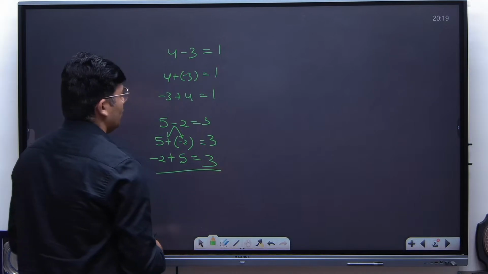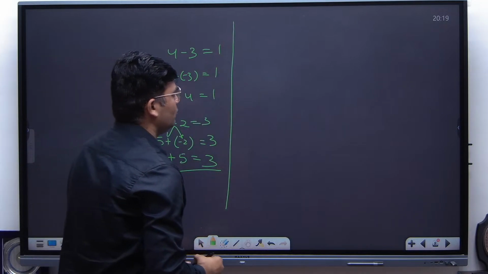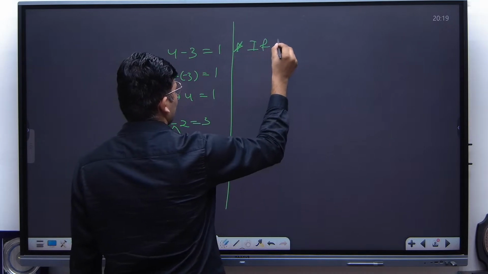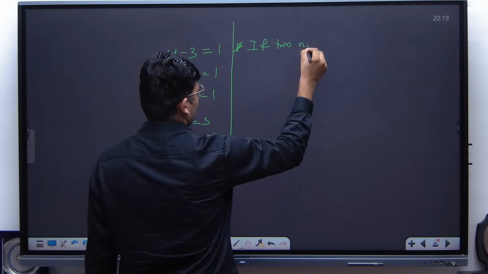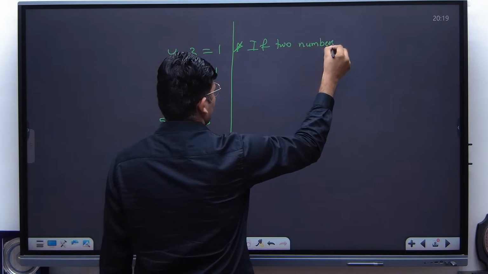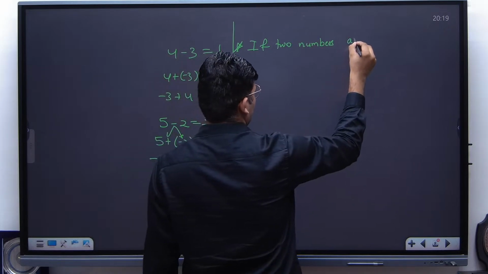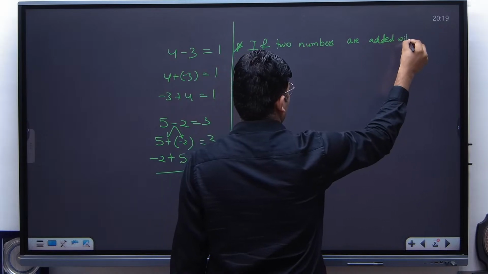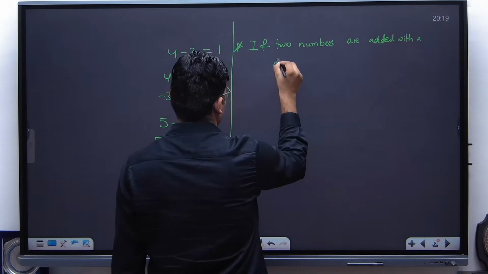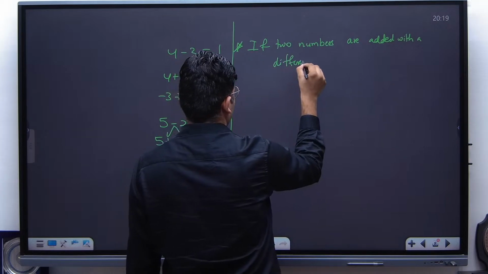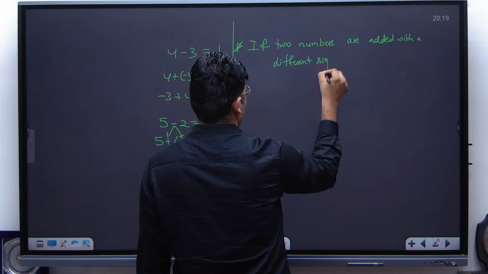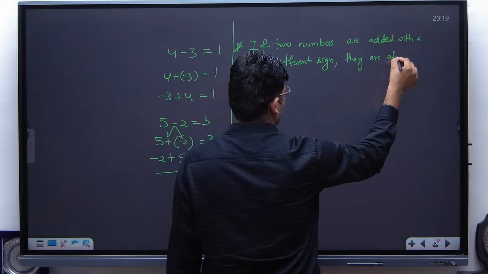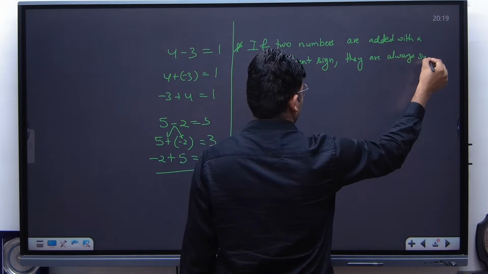So I want you to write one statement. If two numbers are added with a different sign, they are always subtracted.